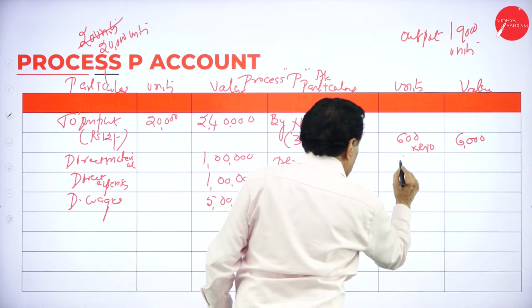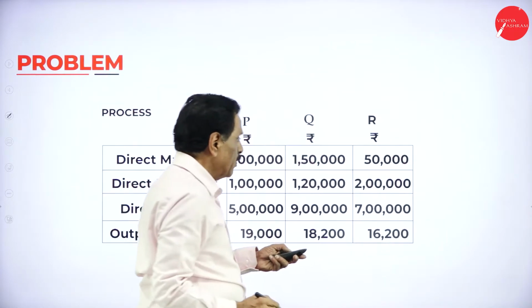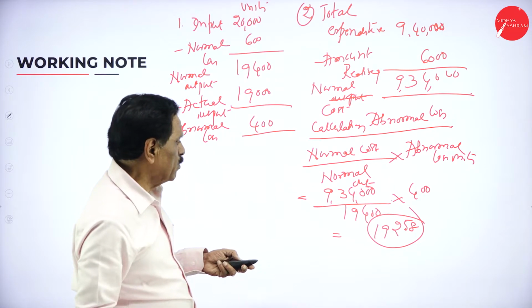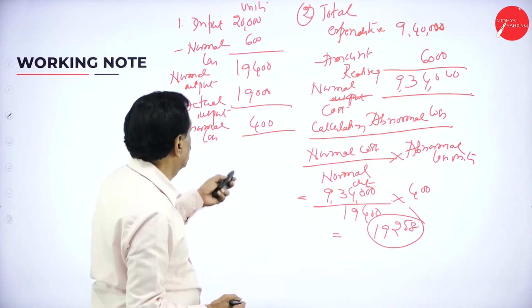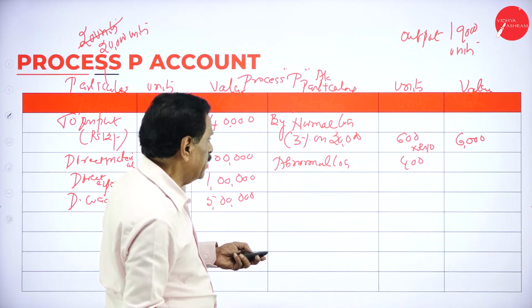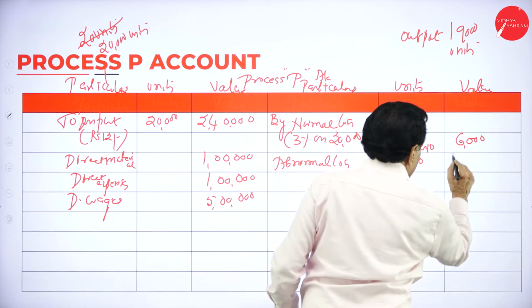How many units? 400 units. What's the value? 19,258. Here 400 units, 19,258.